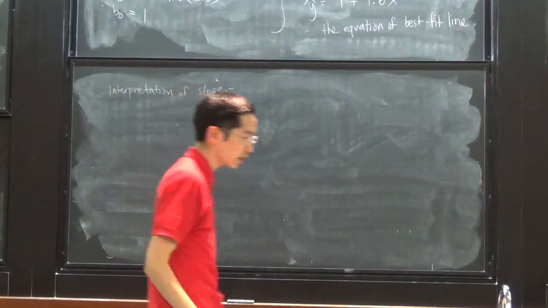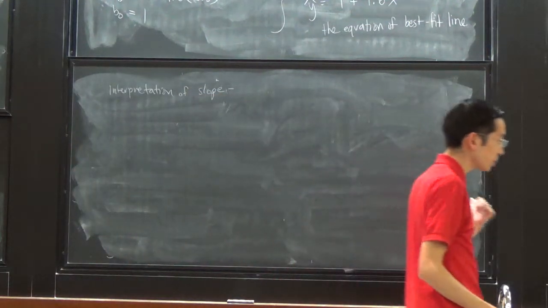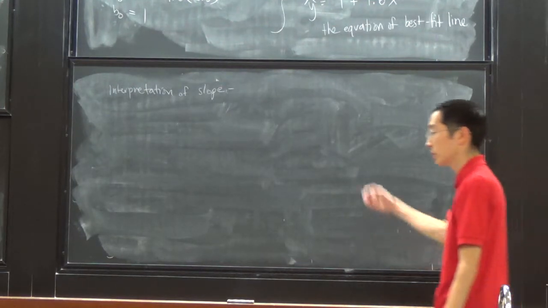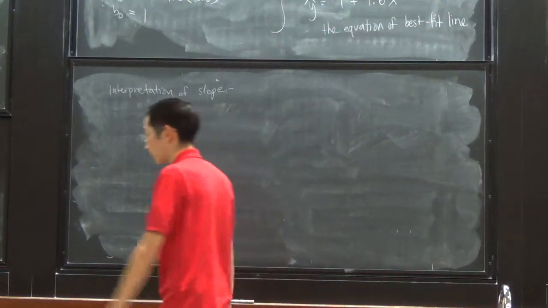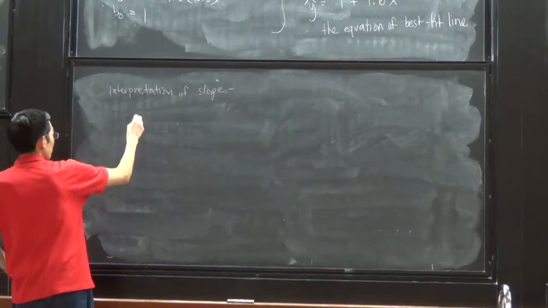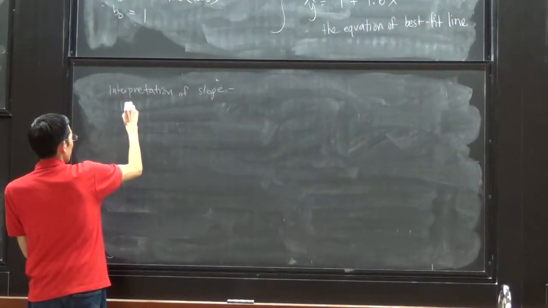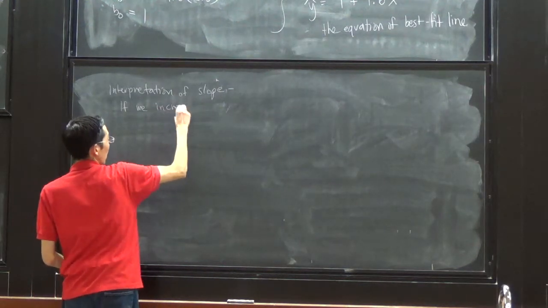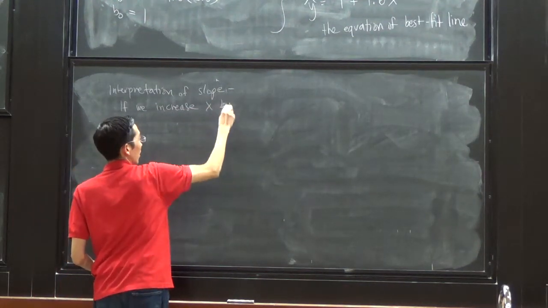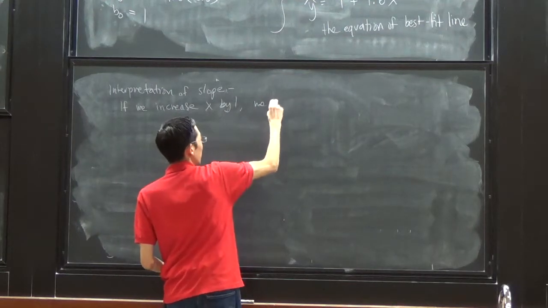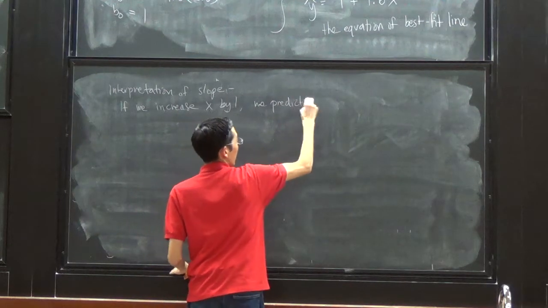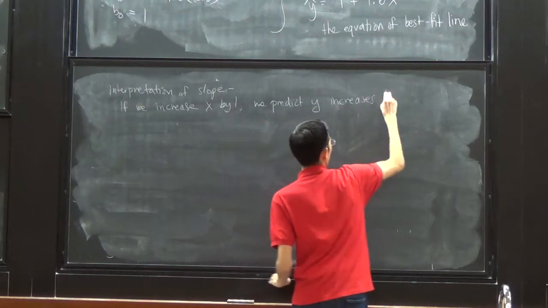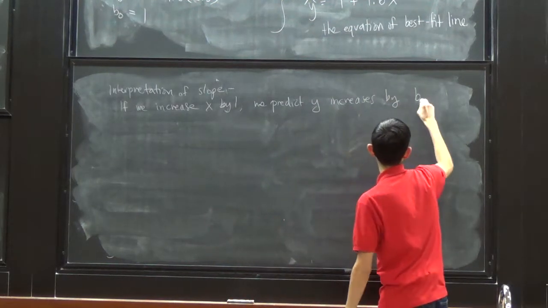What that means is that every time we increase x by 1, we predict that y will increase by 1.6. So the interpretation of the slope is that if we increase x by 1, we predict y increases by b1, the slope.